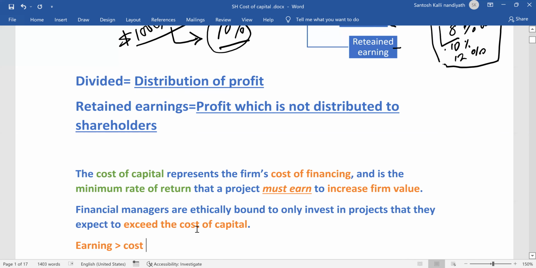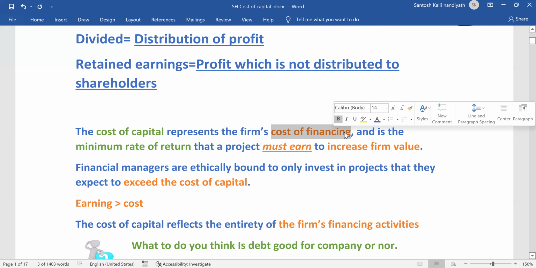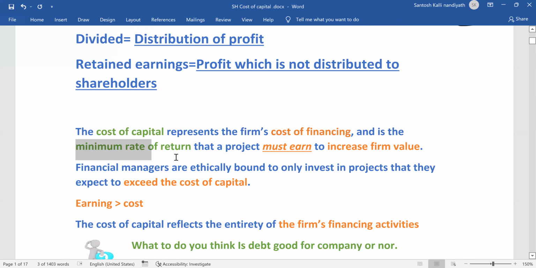Okay, perfect. So same thing, I'm using your professor's note. The cost of capital represents the cost of financing. So what I have discussed, two sources of financing, borrowing and the capital way. And it's the minimum rate of return.